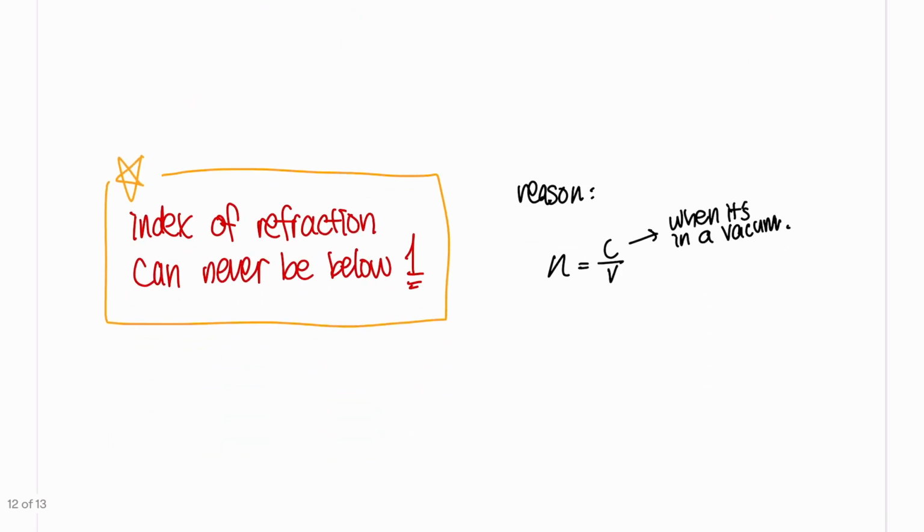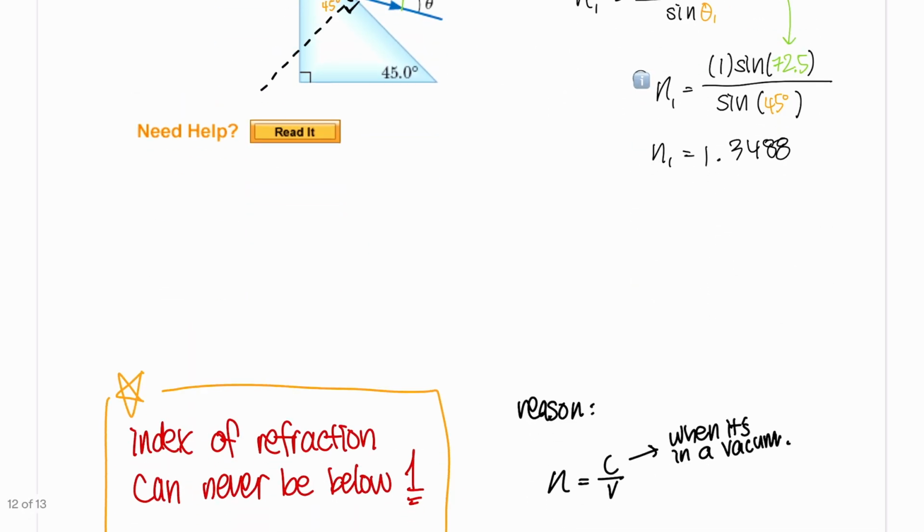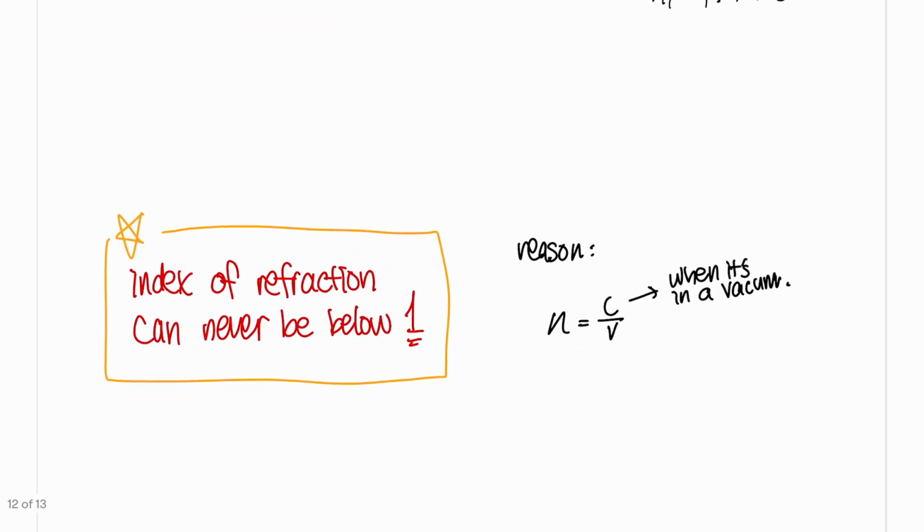Also, when you solve this question, some people might have gotten an index of refraction that's less than 1, like 0.8. Remember that the index of refraction can never be below 1. This is because the index of refraction equation is basically the ratio between the speed of light in a vacuum versus the speed of light in the new substance, like water.